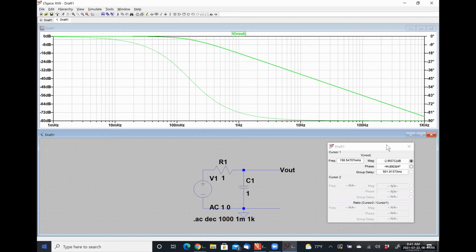So we have 0 dB for very, very low frequencies. Once we get to 158 millihertz, we're down to -3 dB, so we're at half of our signal power. And once we get down to roughly -60 dB, that is engineering for 0.